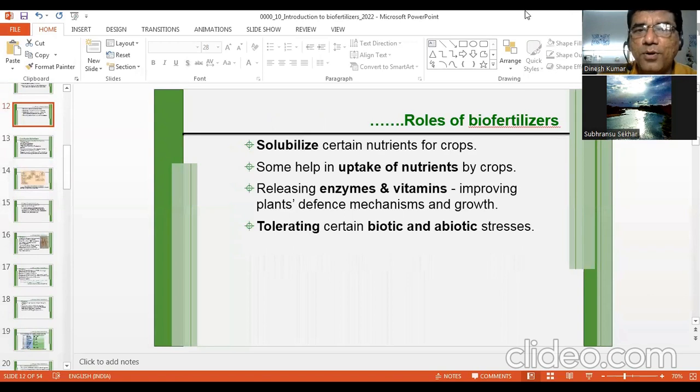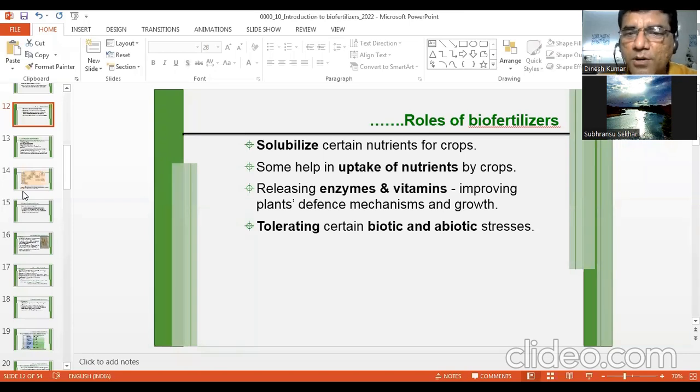Now, some more roles of these. They solubilize certain nutrients for crops, like mycorrhiza in phosphorus solubilization. Some help in uptake of nutrients, like mycorrhiza. They release enzymes and vitamins, whether it is Azotobacter, Azospirillum, or Azomonas, they all release enzymes and vitamins.